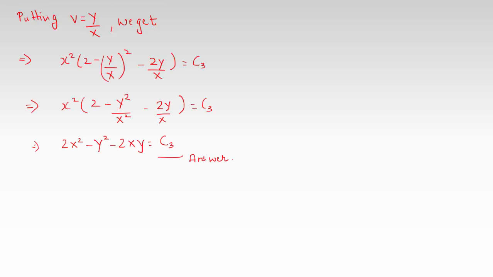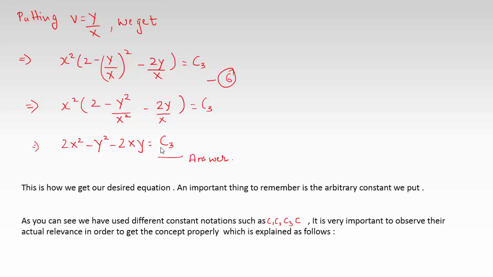We get this equation: x square into (2 minus y upon x square minus 2y by x) is equal to c3. That is, x square (2 minus y square by x square minus 2y by x) equals c3. That is simply opening the bracket. So we get our desired answer as 2x square minus y square minus 2xy is equal to c3. This is our desired answer.